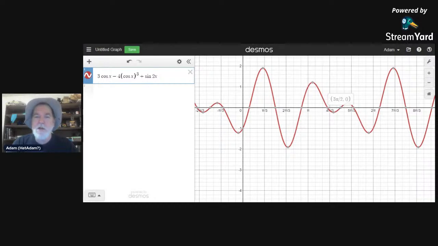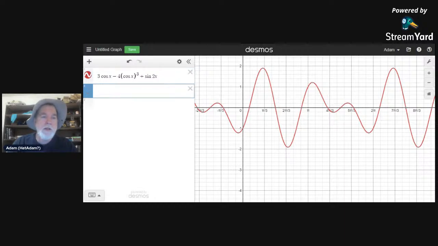Okay, so these two are here because of the cosine. If we factor out the cosine, we're going to lose these two. So let's just do that really quickly here. What did we have here?